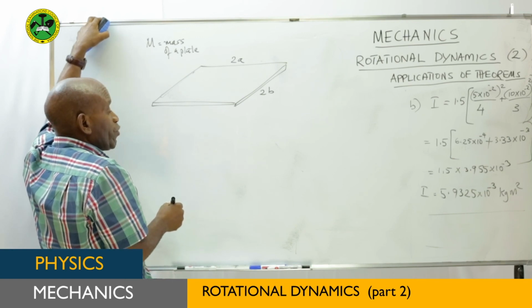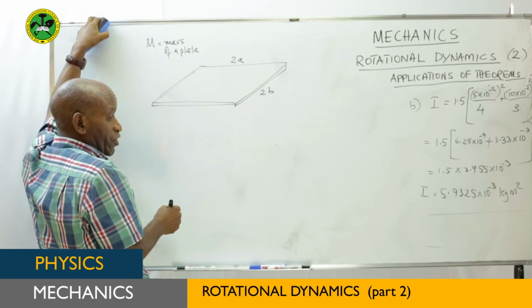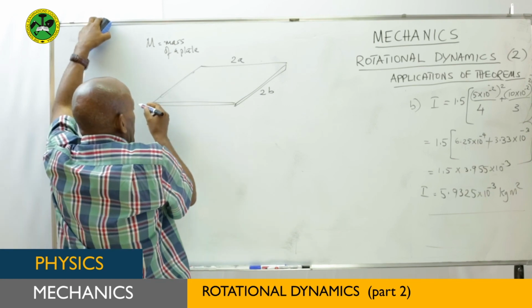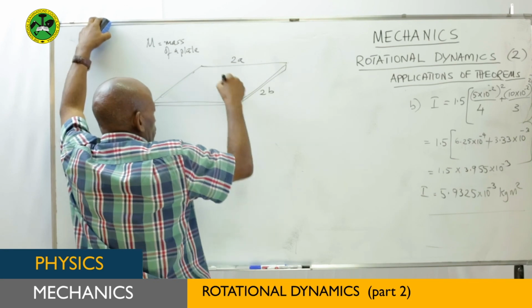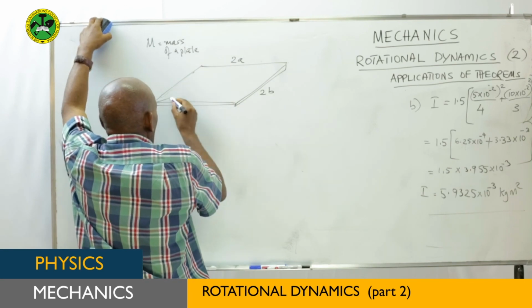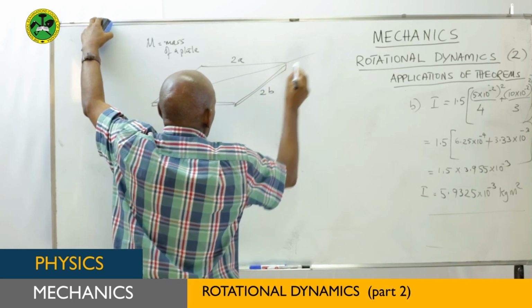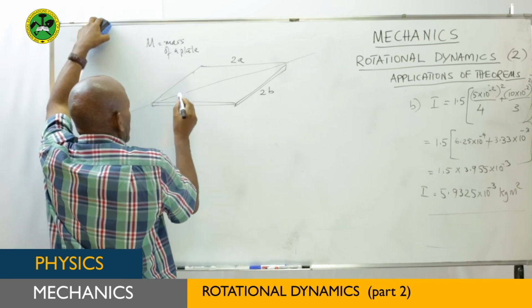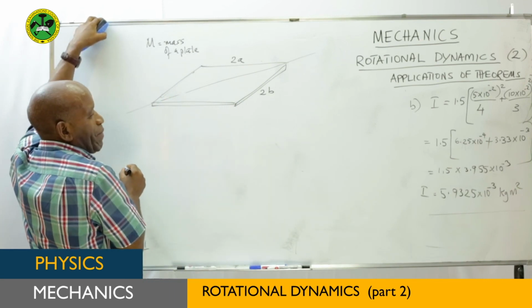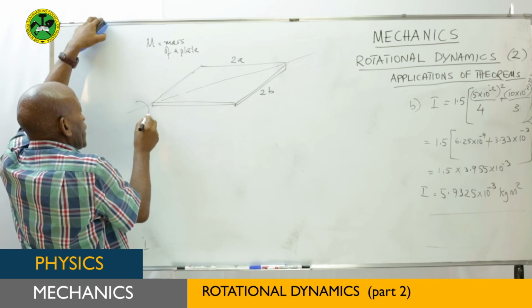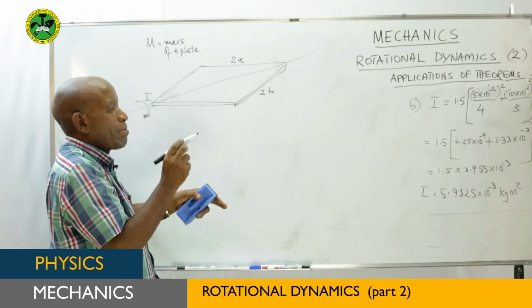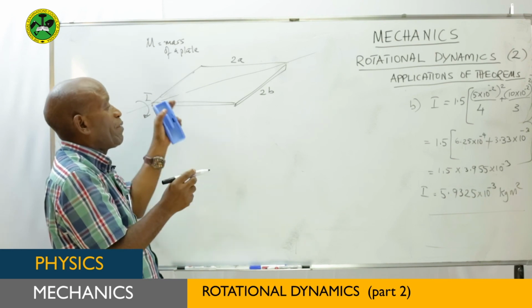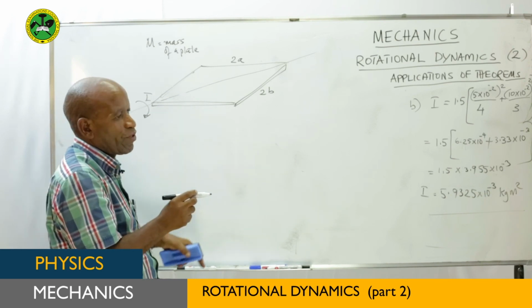So the axis of rotation is just passing through its diagonal. That is from one corner to another corner, or from this corner to this corner. So we have the axis of rotation passing about a diagonal. We are looking at the moment of inertia whenever this particular rectangular plate is rotated about this axis, which is passing through the diagonal.